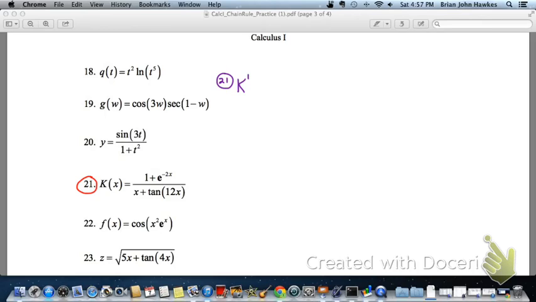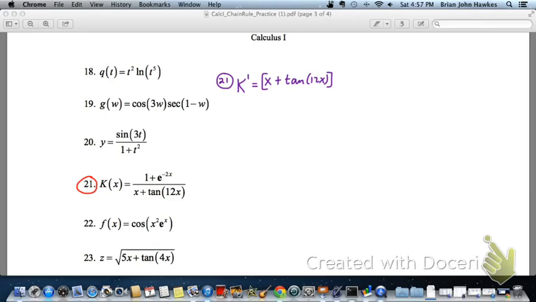So I will do here number 21. That looks pretty intimidating, and so I'm going to just go ahead and start this. K prime. So we have a quotient, and if I look at the denominator, I want low d high, right? Low d high. So the denominator would be x plus the tangent of 12x. So there's our low, and let me put brackets around that.